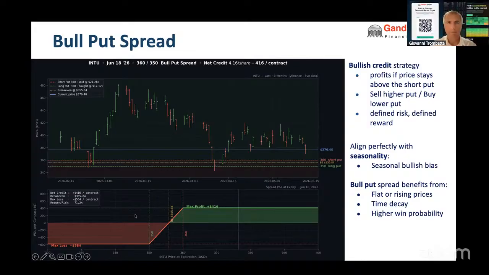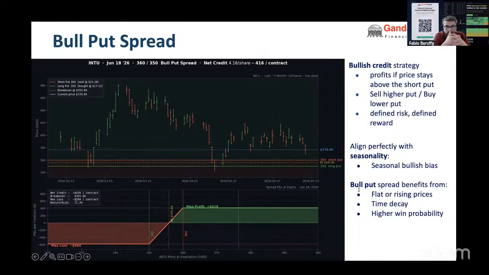This is the long put, the protective one, that protects me if the underlying goes below that. Then I sell the put, the short put, chosen according to the risk reward I have and the credit I want to receive for this structure.